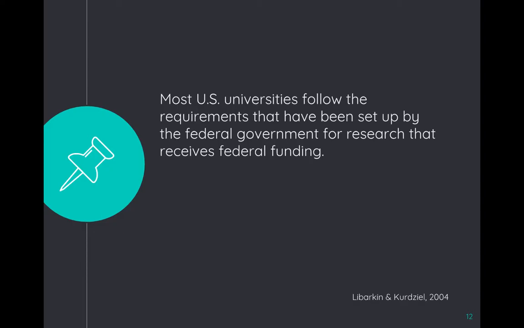So, as I mentioned before, most U.S. universities follow these regulations that have been set up by the United States government. And the United States government has set up regulations for all sorts of research that receives federal funding. So because of the blurred lines in many universities about the funding they receive from the United States government, they just protect themselves by requiring that all researchers follow the guidelines set up by the government.